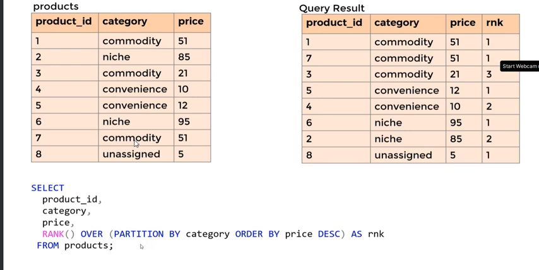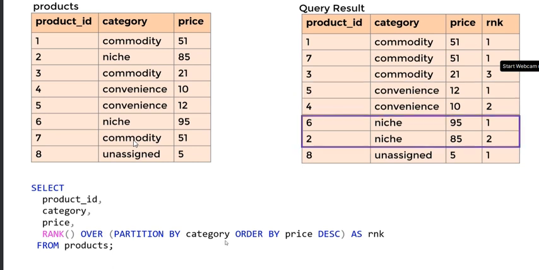Within the over clause we have the keywords partition by, and in this case we are partitioning the rows by the category column. In the first partition we have all the rows with the category of commodity. In the second partition we have the rows with the category value of convenience.